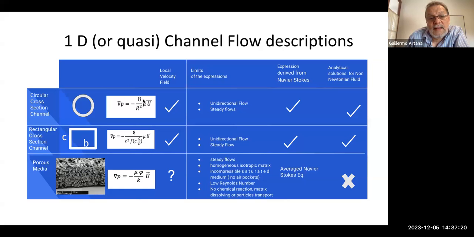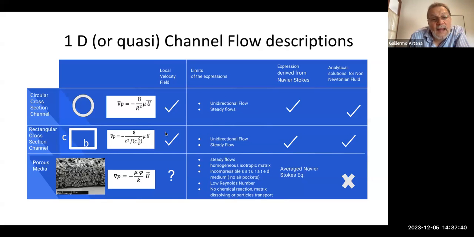Both of these equations satisfy the full Navier-Stokes equation, but to obtain this kind of equation you have to average in space, and there are some aspects that have to be satisfied.